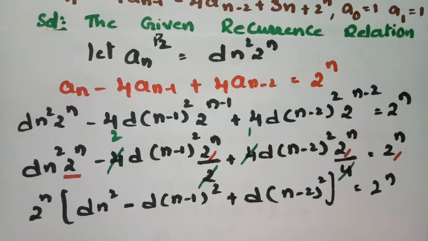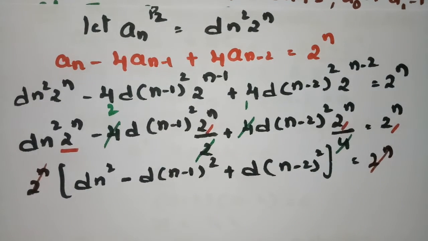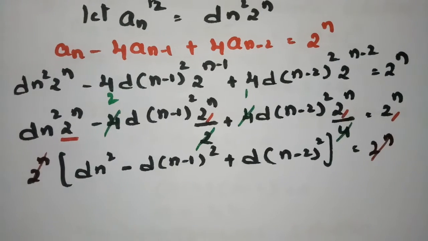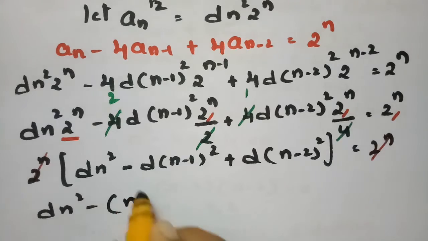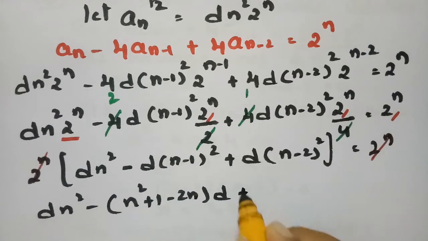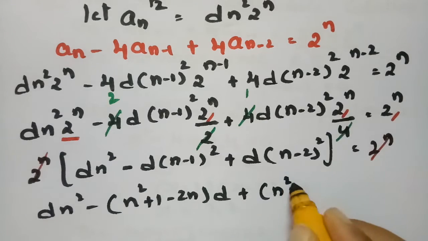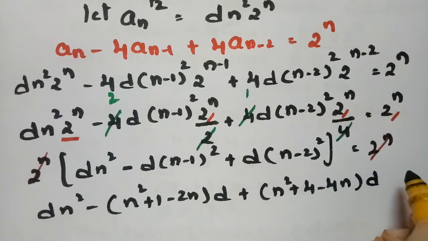Now if I cancel this 2 power n on both sides, see what remains here. So in this equation, this will be d n square minus, if I expand this one, this is a square plus b square minus 2ab into d, and this will be a square plus b square minus 2ab into d.